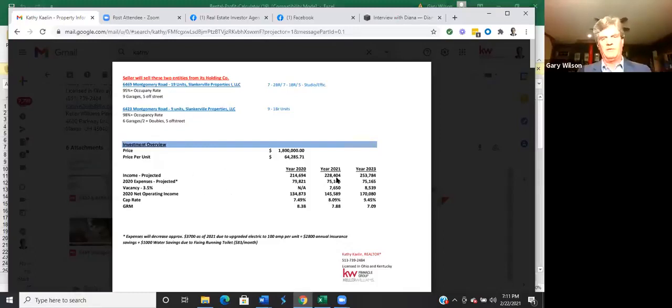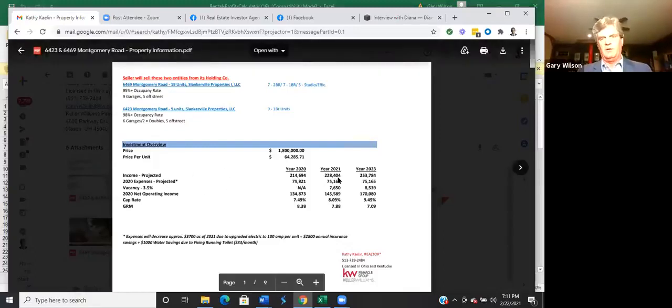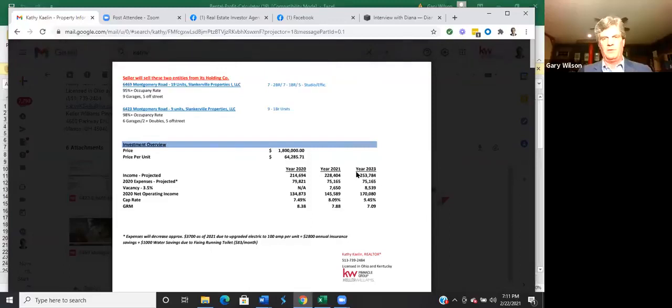I think they just have the word projected because they also project 2021 and 2023 pro formas. They missed 2022. Vacancy 3.5, and they must have no vacancies in 2020, which is good. Net operating income NOI 134.8, cap rate 7.49, gross rent multiplier 8.38.